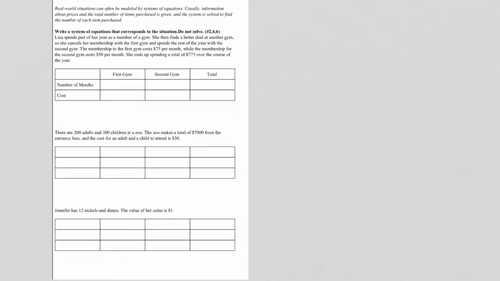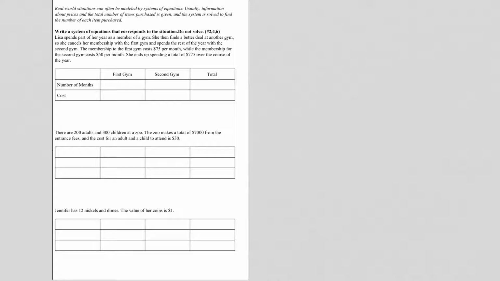The membership for the first gym costs $75 per month, while the membership for the second gym costs $50 per month. So she ends up spending a total of $775 over the course of a year. So we basically have two variables.